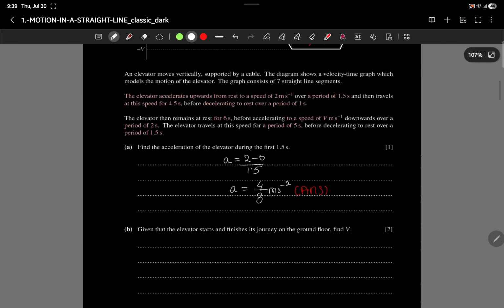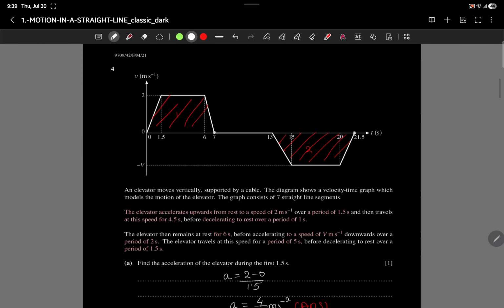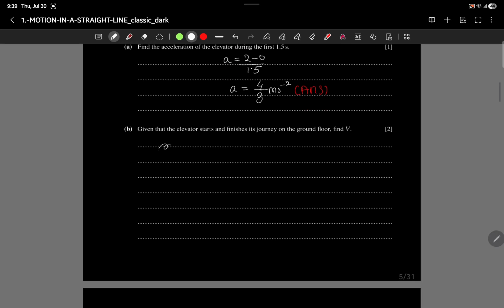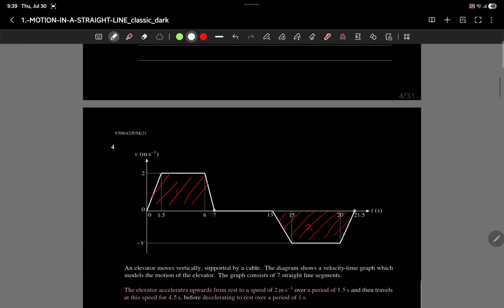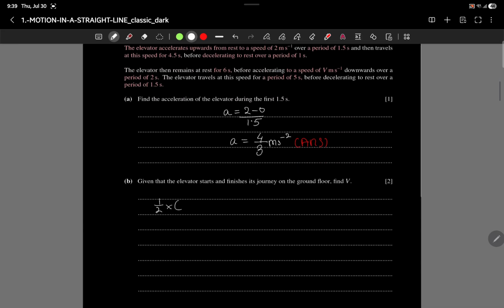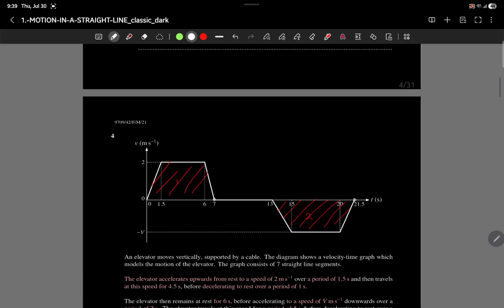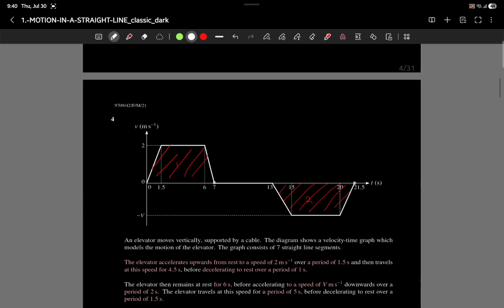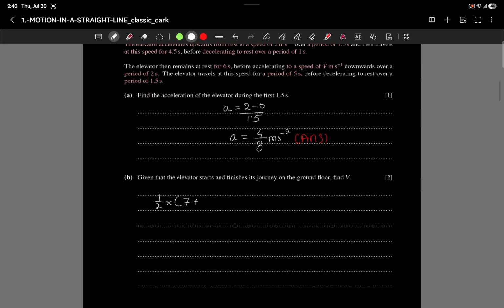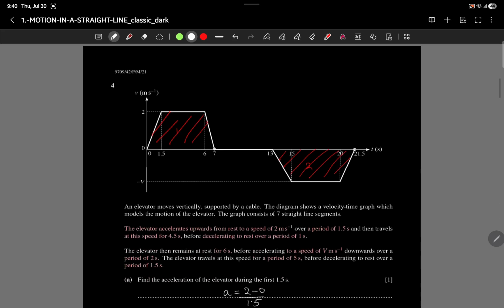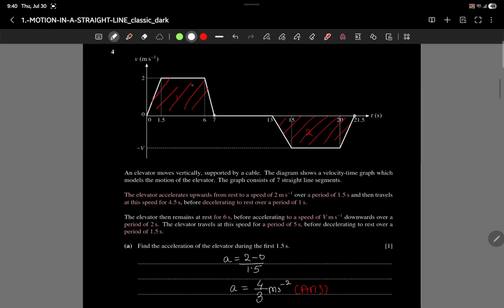Right. So in that case, let's find the area of this. So this is a trapezium, and this is also a trapezium. So half into this side is 7 plus, wait a second, this is both trapezium. Yeah, plus 2 to the height. Wait, this is 7.